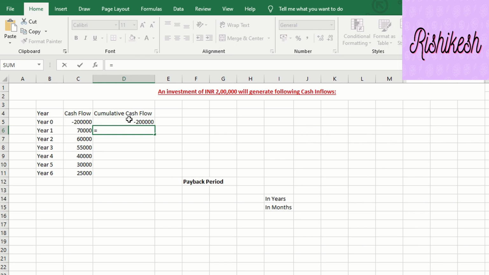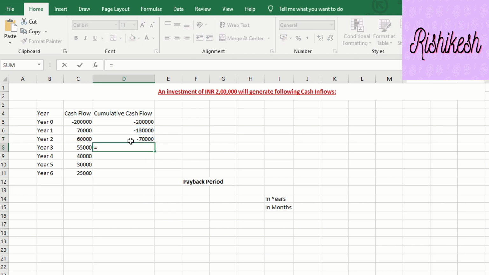At the end of year 1, the cumulative cash flow will be minus 2 lakh plus the cash inflow that you have generated in year 1. So this will come out to be minus 1,30,000. Similarly, in year 2, this will be minus 1,30,000 plus the cash inflow that you have generated in that year.